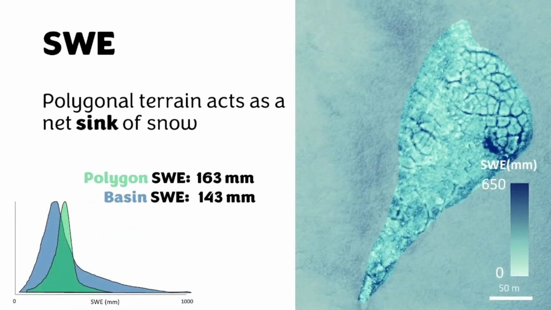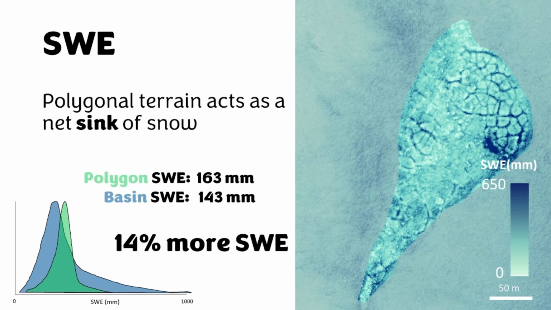By comparing the SWE here to the surrounding area, we found that our polygon site in general acts as a net sink of snow, which is resulting from blowing snow accumulation in the low-lying terrain over the course of the winter months. And when we look at the averages and compare it to the larger basin averages, we find that there's about 14% more SWE, or more water being stored, in this polygon site here.